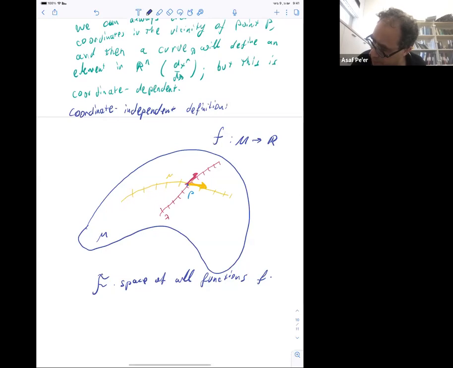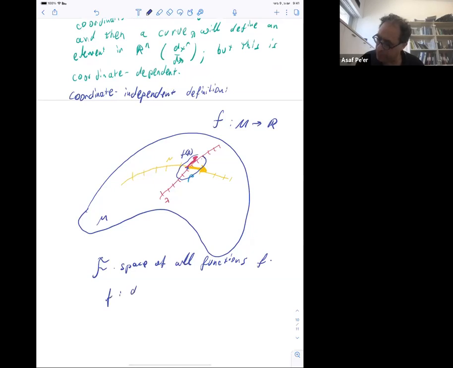This is P. F of P is a value in R. And the curve defines a directional derivative mapping. So from F, this curve will define a mapping from F to df d lambda at P.